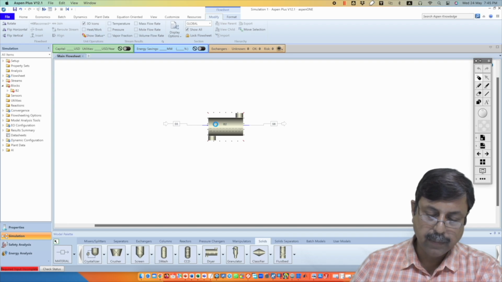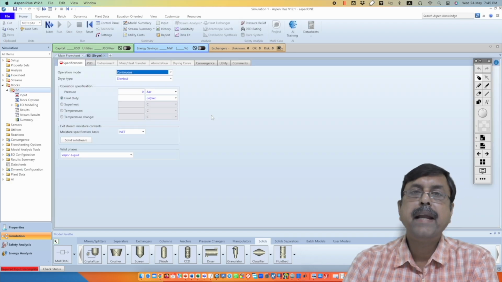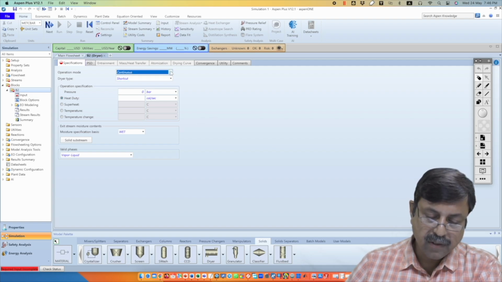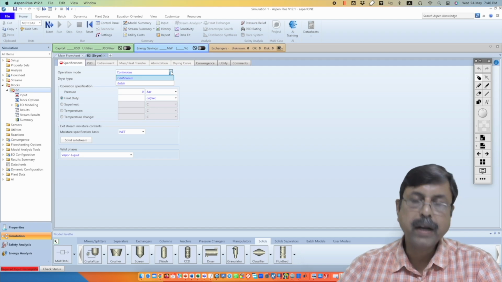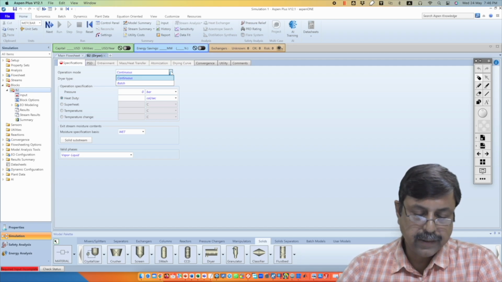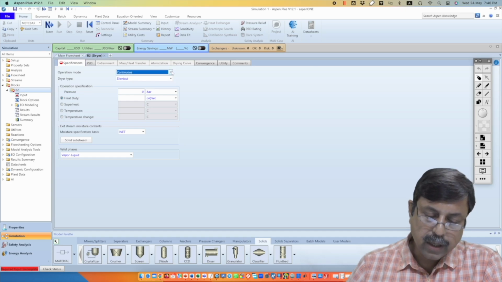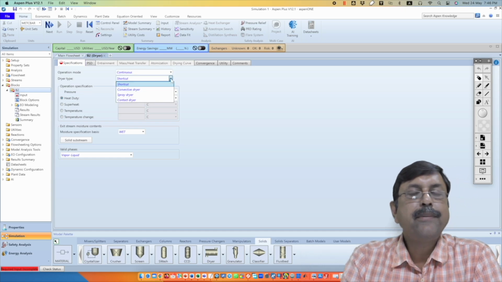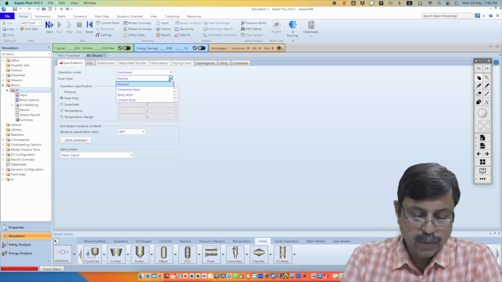Now let us open the block. There are plenty of specifications that we have to set. There are two types of operations. One is continuous operation, another is batch type of operation. Now if you choose continuous type of operation, then 4 types of dryers will be open for you.